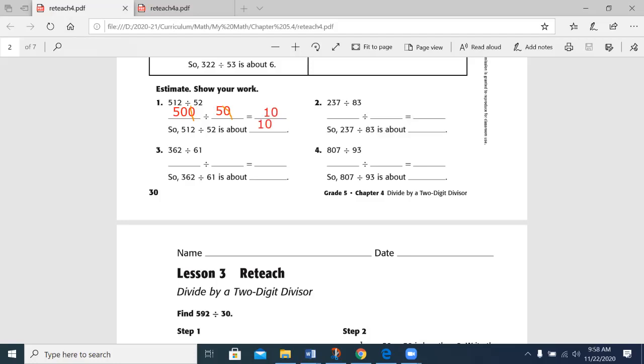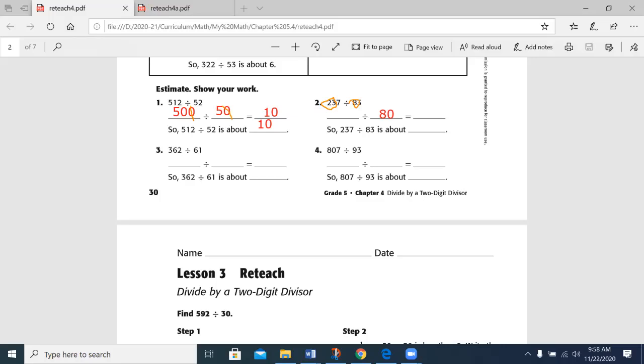All right, let's look at the next one. 237 divided by 83. I'm going to round that second one to 80. And I have an 8, and I have a 23. This is one where I don't want to go to the nearest 100 because 200 divided by 80 still isn't an easy problem. Instead, I need something that's close to 23 that 8 goes into evenly.